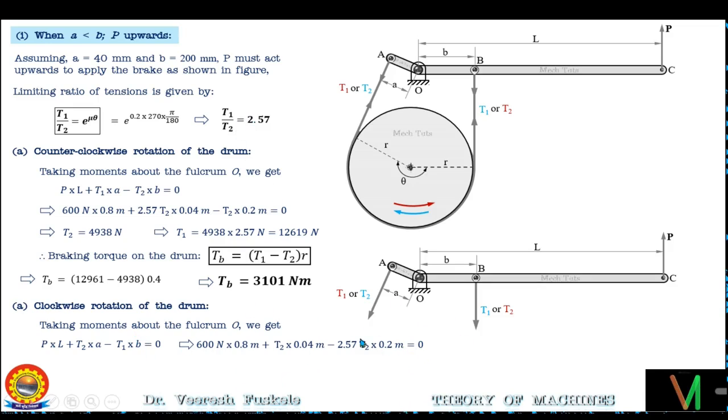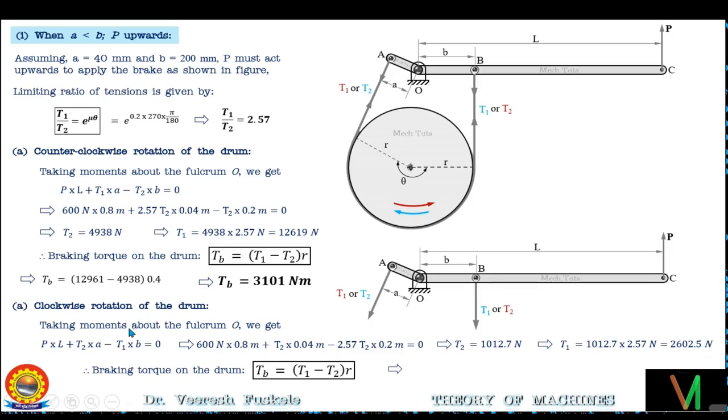Now solving for T2, we have T2 is equal to 1012.7 Newton. Keeping the value of T2 in this equation, we can get T1 as 2602.5 Newtons. Now braking torque can be again calculated by TB is equal to T1 minus T2 into R. So keeping the values of T1, T2 and R, we have TB is equal to 636 Newton meter.